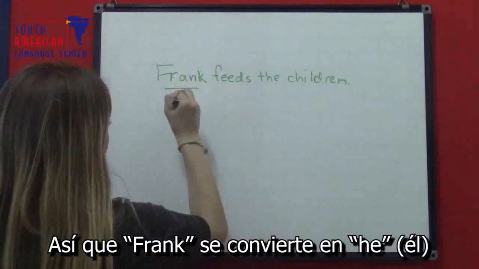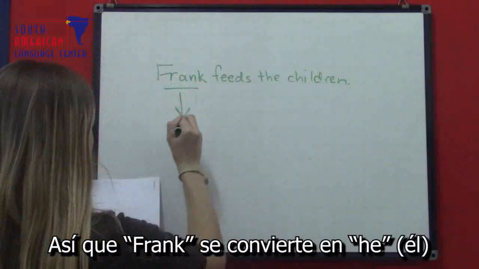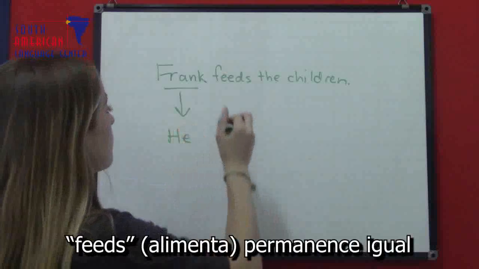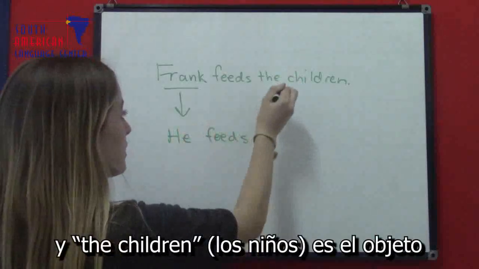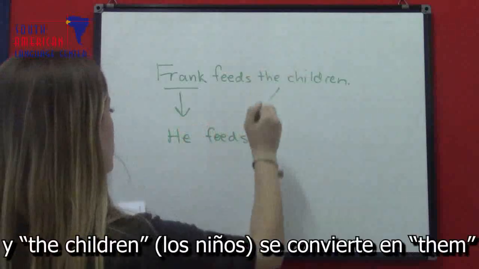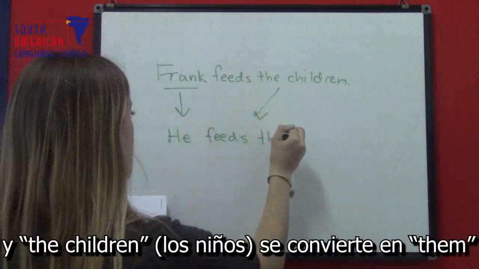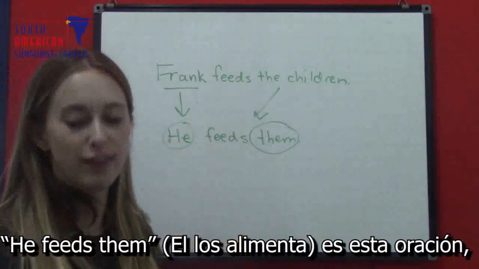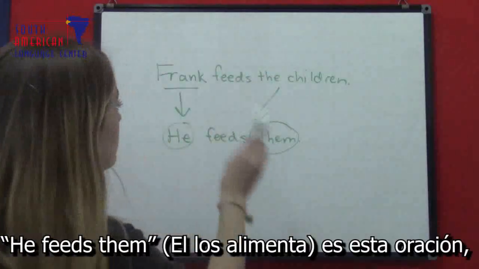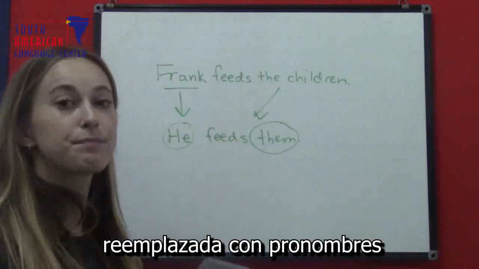So Frank turns into he. Feed stays the same. And the children is the object. And the children turns into them. He feeds them is this sentence replaced with pronouns.